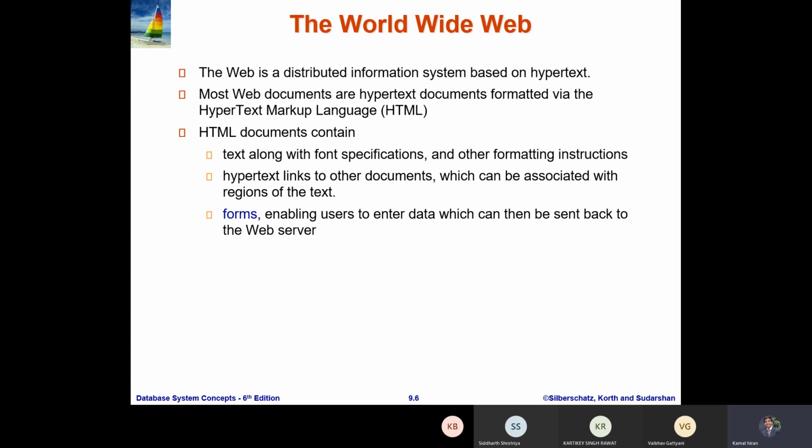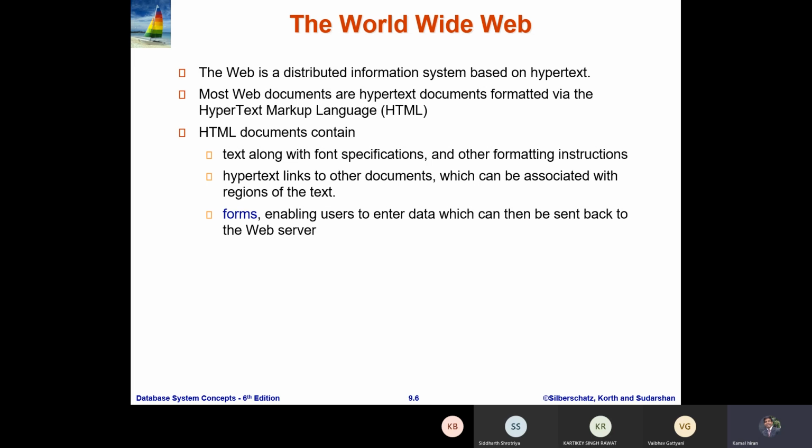Now we have to understand the meaning of WWW. WWW is the acronym for the World Wide Web, and the web is a distributed information system based on hypertext. Whenever we want to open any website in the web browser, we type http://, then www, then the website name and the domain name.